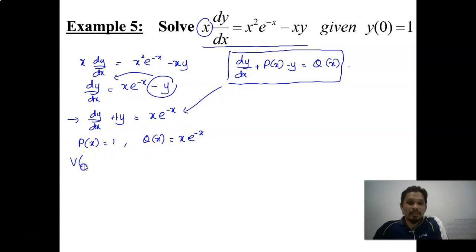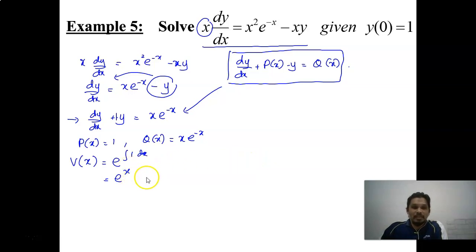So then, the integrating factor v(x) here is equal to e power of the integral of 1 dx. Okay, the integral of 1 dx equal to x, right? Now this is the integrating factor that we're going to multiply with this equation here, because this equation is not exactly the same as the general form.